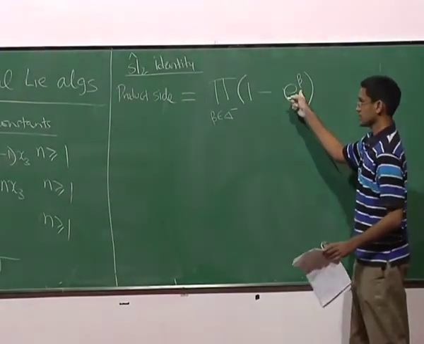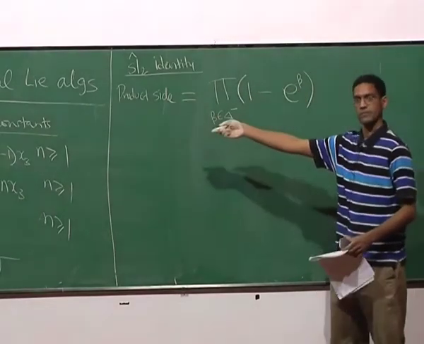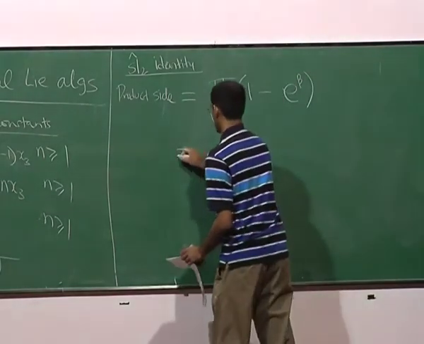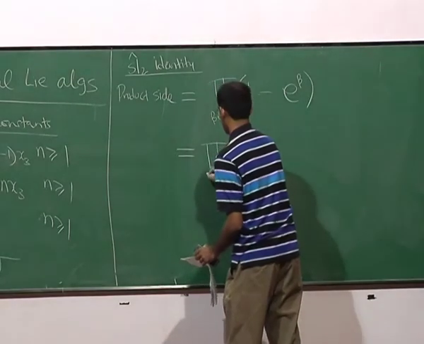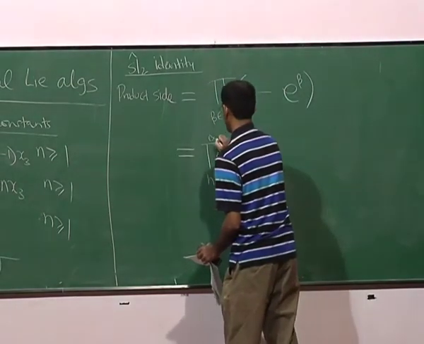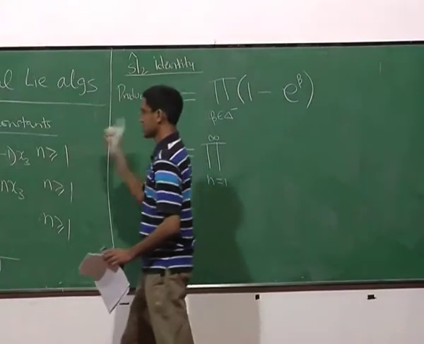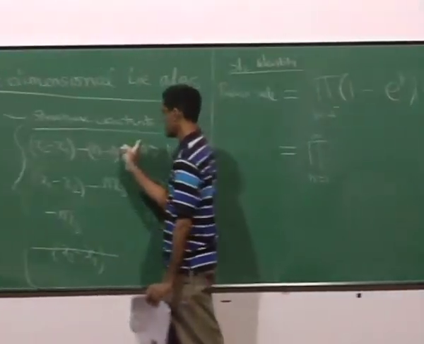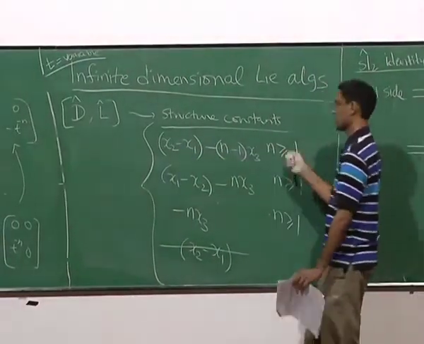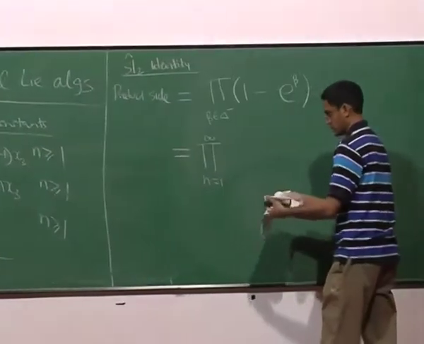Now I figure out what the structure constants are. There are infinitely many of them, so as you can see, it's going to become a product. N goes from 1 to infinity. So the first structure constant will look like 1 minus e to this whole thing, where n goes from 1 to infinity.